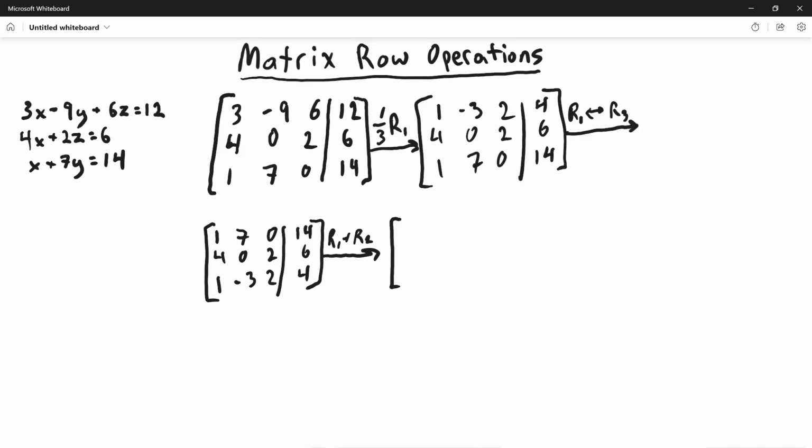So if I want to put the R1 plus R2 in the top row, I can do that. I could do 1 plus 4, right? That's R1 plus R2. 1 plus 4 would be 5. Put that in the top row. And 7 plus 0 is 7. Then 0 plus 2 is 2. And 14 plus 6 is 20. And now the rest remains unchanged.